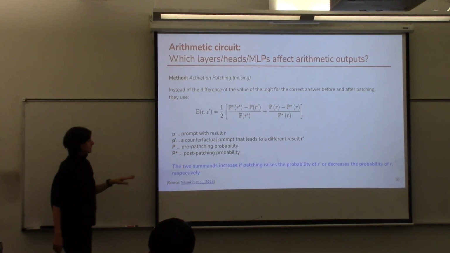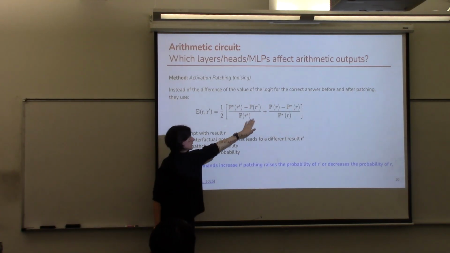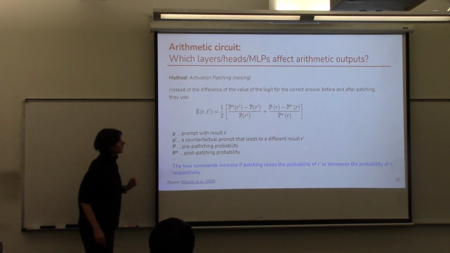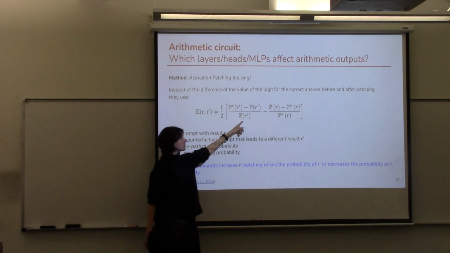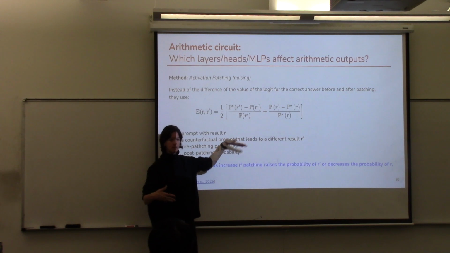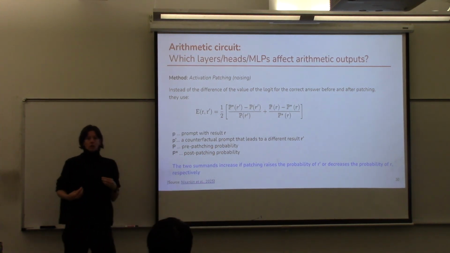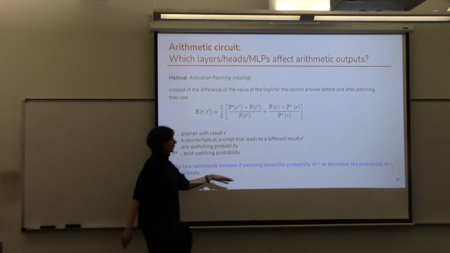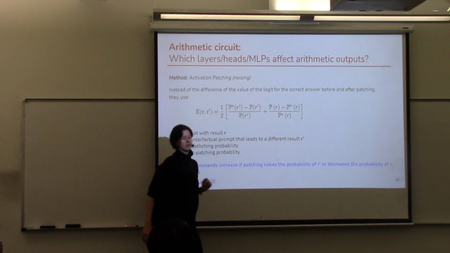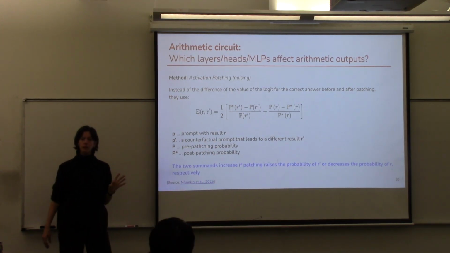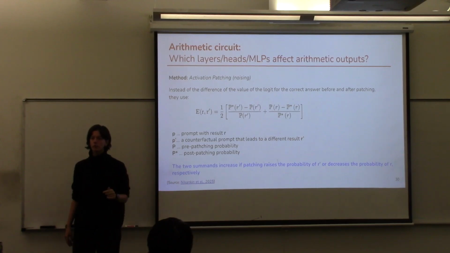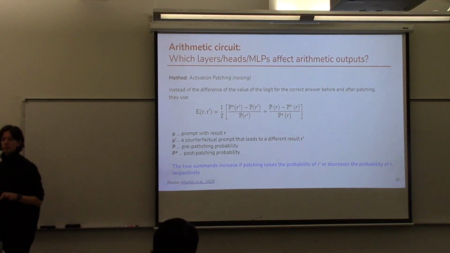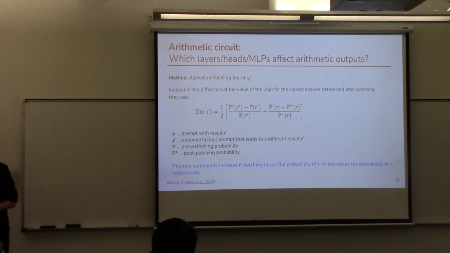Basically what this says is that both of these summands are going to increase if patching raises the probability of R prime. So you are noising, right? Because the probability of the wrong answer is being increased, or it decreases the probability of just R, which is our clean response, which again is a signal of noising. You want both of these things to be happening.